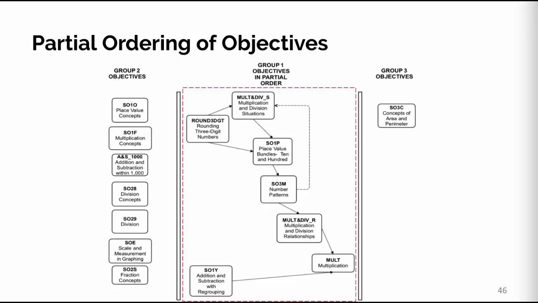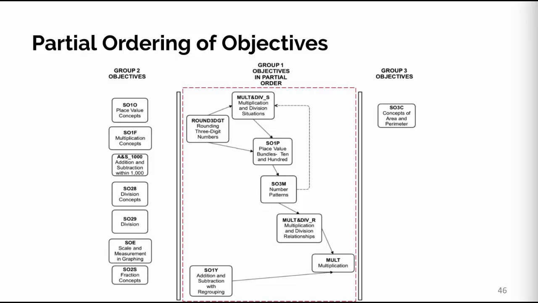Therefore, from the figure shown, it is suggested that round 3DGT, which stands for rounding 3-digit numbers, and mult and div_s, which stands for multiplication and division situations, should come before SO1P, which stands for place value bundles, tens and hundreds. And they should also come before SO3M, which stands for number patterns.